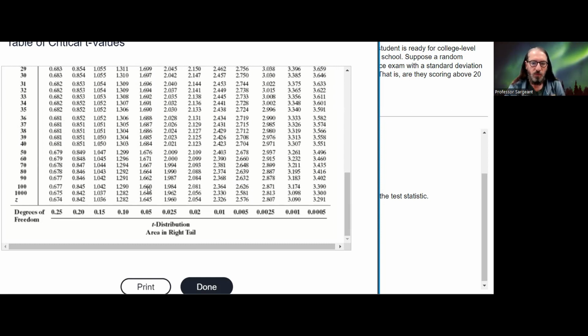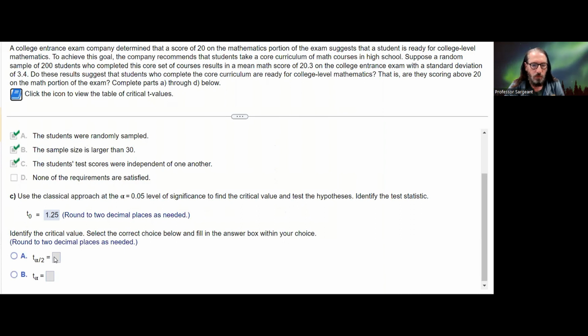So I'm going to try the one that's above, 1.660. That's going to make it harder to reject the null hypothesis with that larger value.